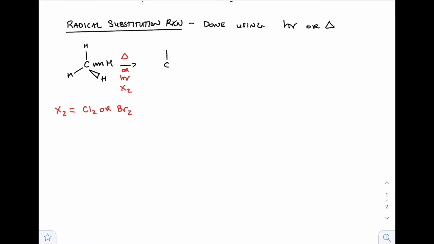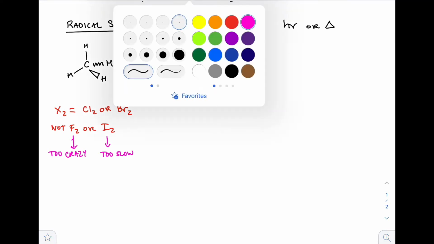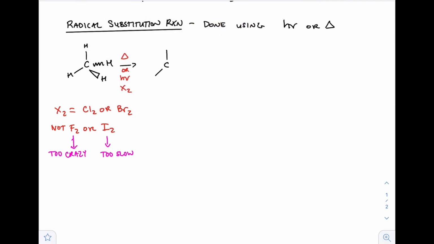It's not going to be iodine or fluorine, okay? Iodine reacts much too slowly, and fluorine is too crazy. I'll prove it to you later with some bond dissociation energies and enthalpy.